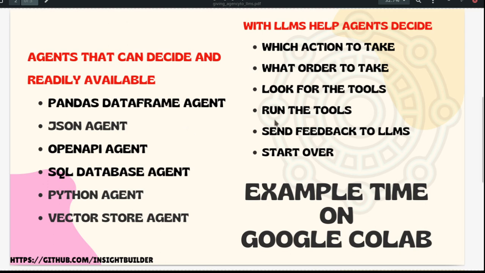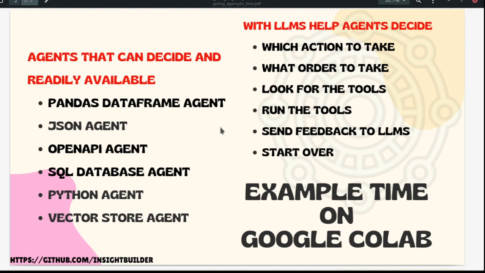Let me go through the various steps the agents follow in order to take decisions and actions. First and foremost, agents inside the Langchain library simply connect with large language models like ChatGPT, TextDaVinci, or Hugging Face models.